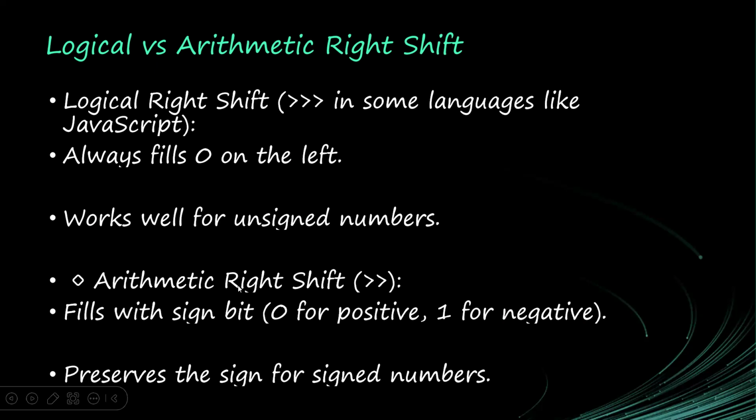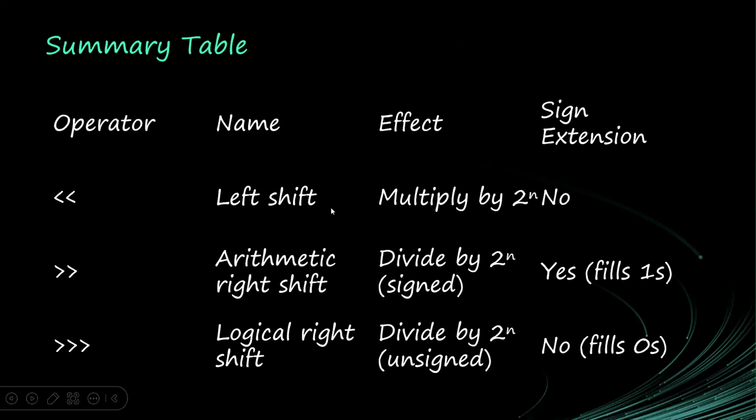This arithmetic shift that has only 2 arrows preserves the sign for signed integers. But for the logical one that has 3, do not use it on signed integers. Only use it on unsigned integers because it doesn't respect the sign. So these are the differences.